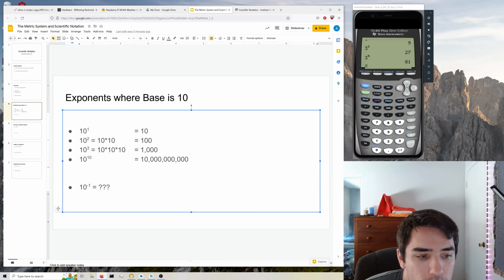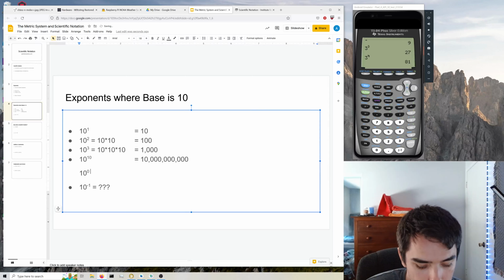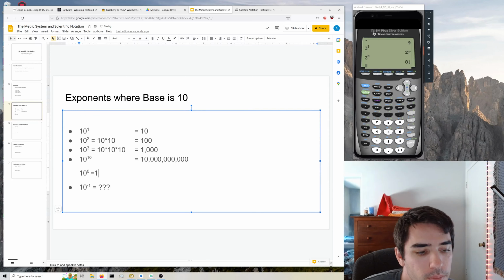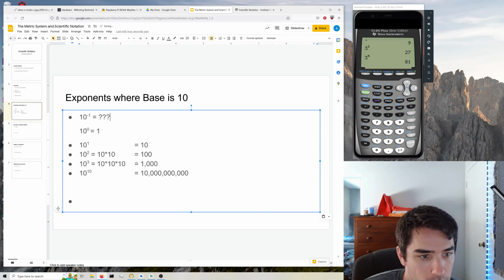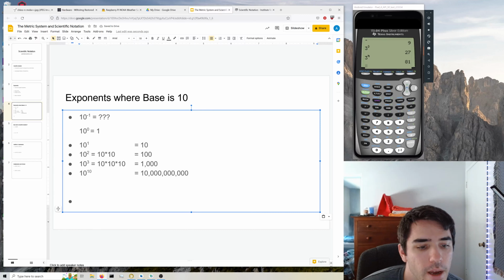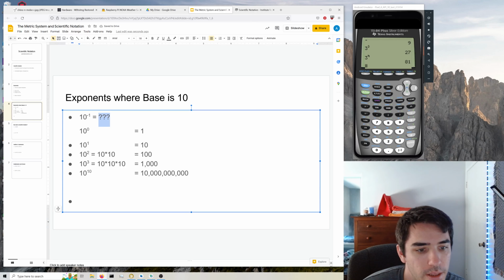I should add 10 to the 0 here, and that equals 1. We know that because if we're going in this direction, it's just a division by 10.